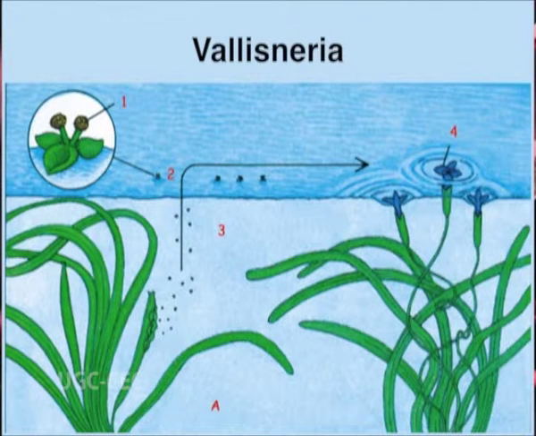The detached male flowers cluster around the floating female flower, and when the anthers burst, the pollen gets attached to the stigma. After fertilization, the pedicel of the female flower coils back and the fruit develops inside the water.